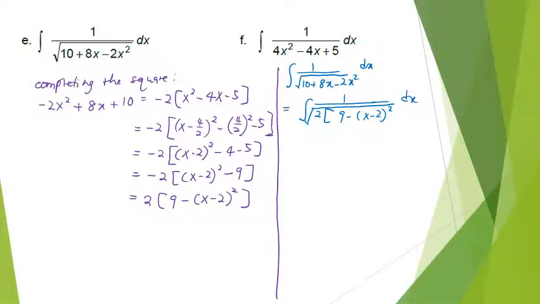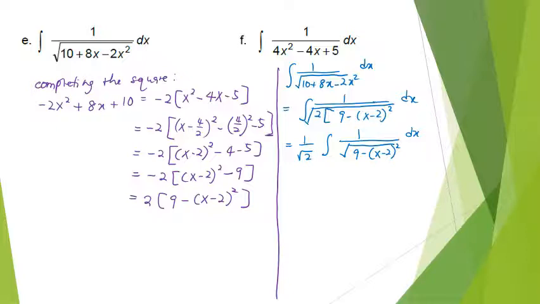Okay, so 2 tu boleh keluarkan, tapi kena keluarkan dengan square root. So that 1 over square root 2 integrate 1 over square root 9 minus x minus 2 square dx. Okay, so nampak tak dia punya bentuk dia adalah a square minus u square. So square root a square minus u square samalah, dapat sine juga, sine inverse. Okay, macam yang tadi.